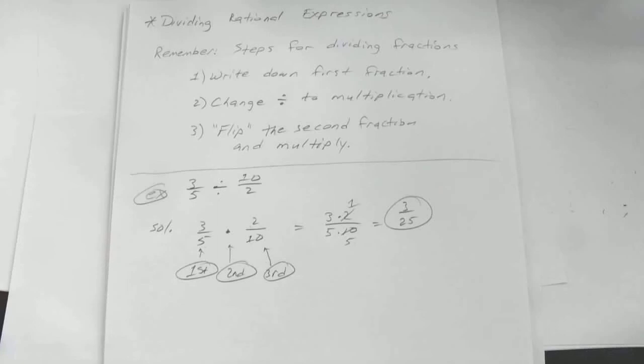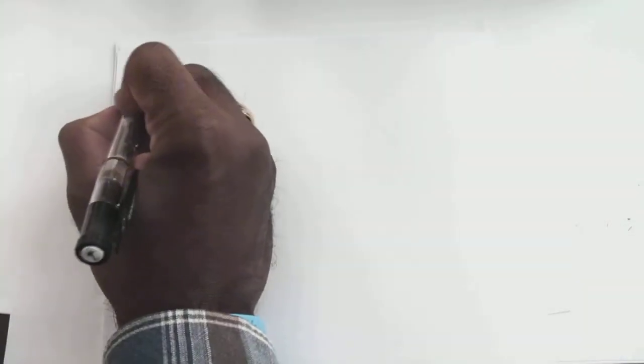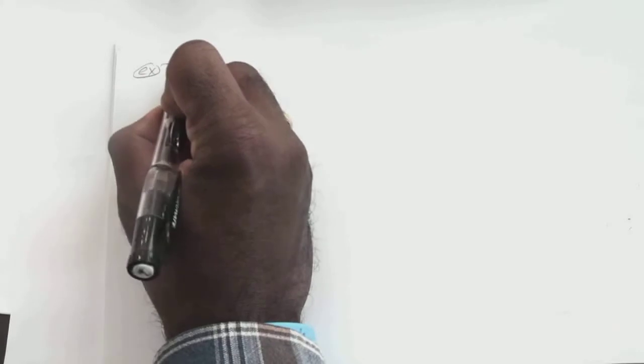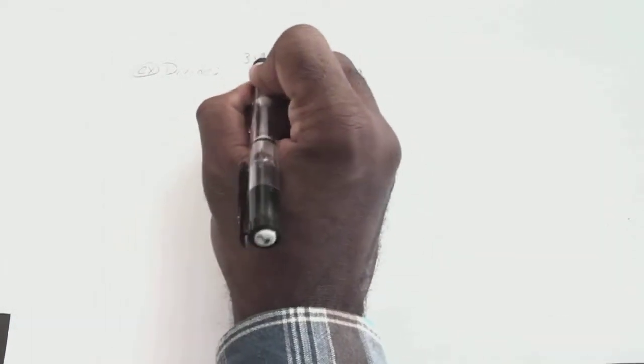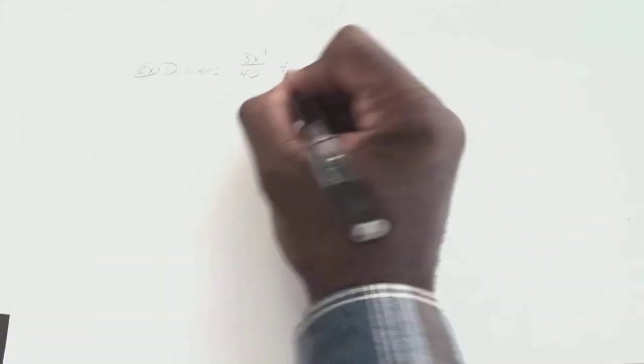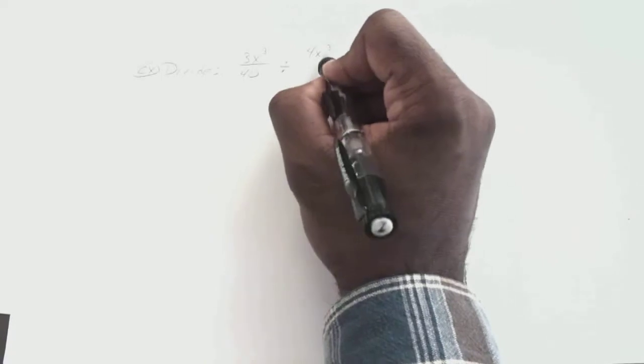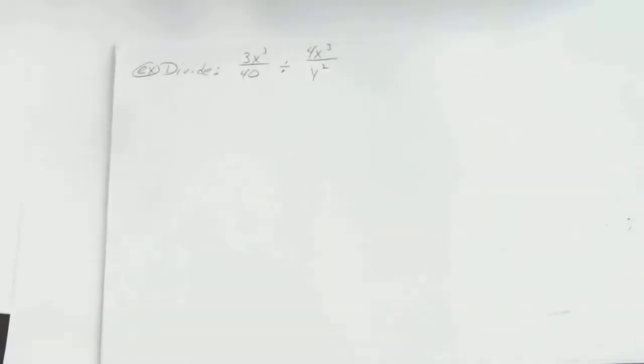Looks like everyone's done writing. Okay, so let's say, for example, you wanted to divide 3x to the third over 40 divided by 4x to the third over y squared.